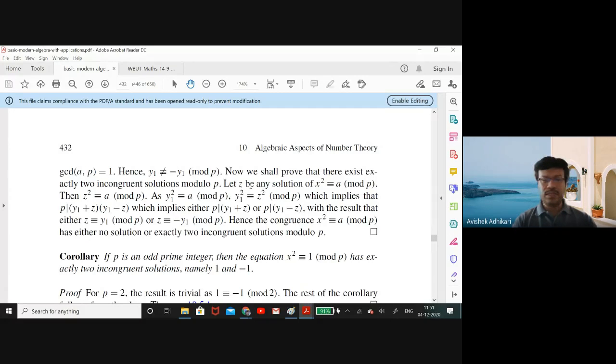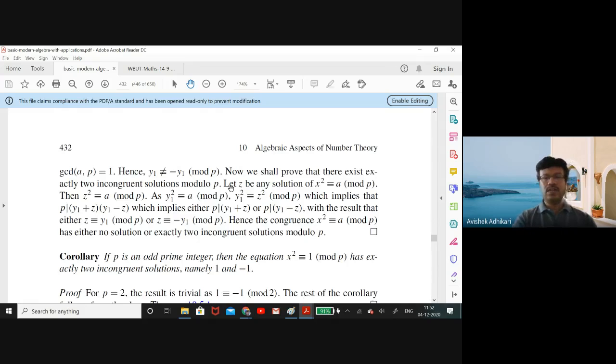So I take any solution of x square modulo p, and by some argument show that z is either congruent to y1 or to minus y1. That means any solution must be y1 or minus y1, which in turn proves that there exist exactly two solutions.